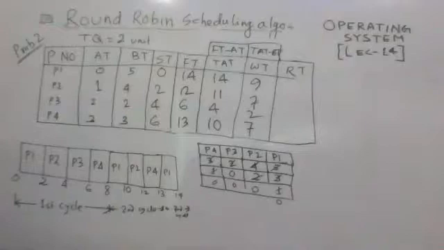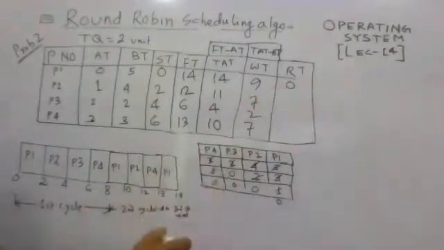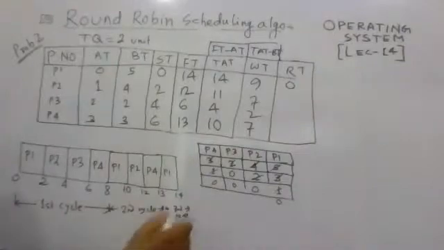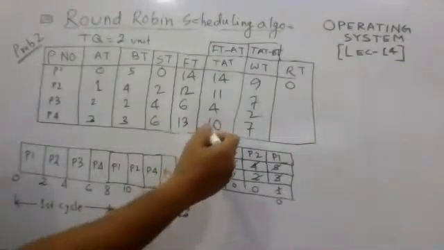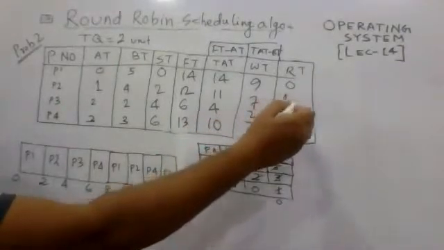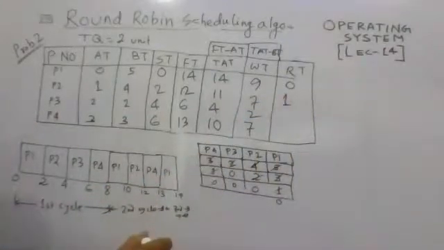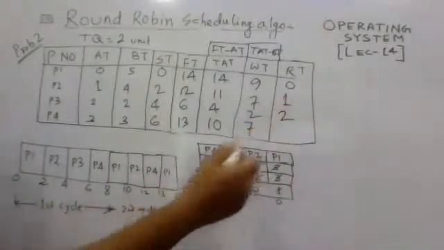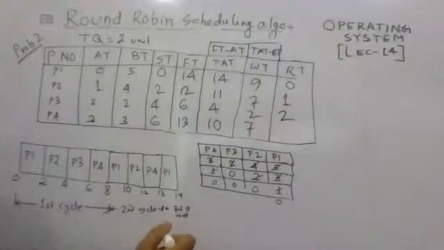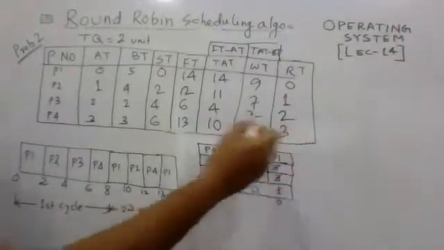And now response time is actually first response minus arrival time. So first response for P1 is 0, so 0 minus 0, it will be 0. For P2, it is 2 minus 1, that is 1. For P3, 4 minus 2, that is 2. For P4, 6 minus 3, that is 3.